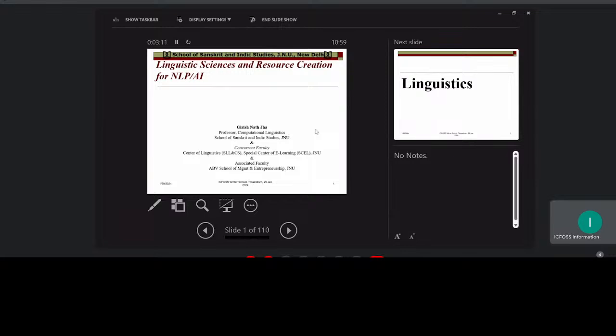So let's go. And I believe all of you are from computer science background, linguistics background, which background? Linguistics, how many? Others are computer science or technology? How many computer science? How many other disciplines? Mathematics.